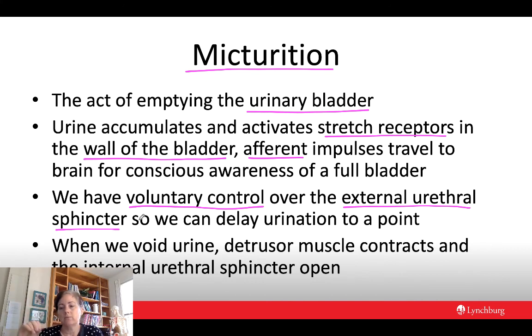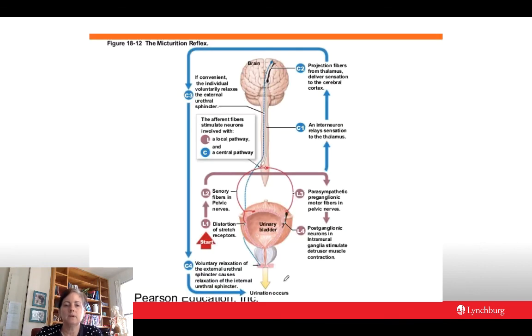You need to use the bathroom. And then we have conscious override of that information. So when we decide that it's a good time to use the bathroom, the detrusor muscle inside the wall of the bladder is going to contract. We are going to consciously relax this external urethral sphincter, and as a result, that's going to allow the internal urethral sphincter to open, and urine is going to leave the body. That's kind of the overview.